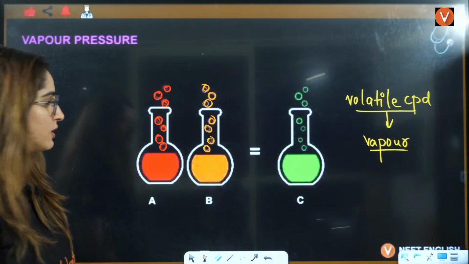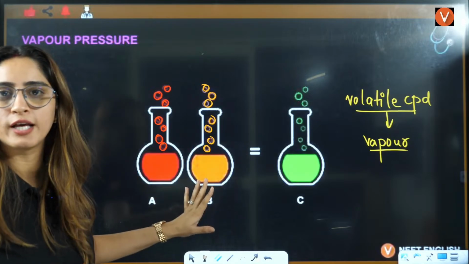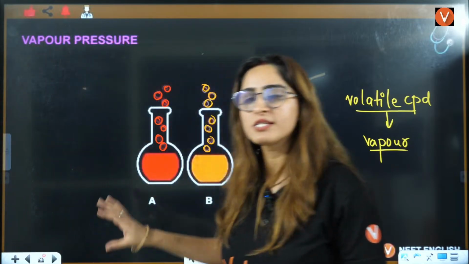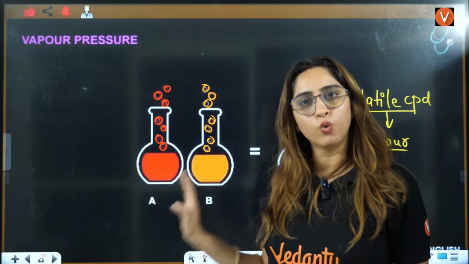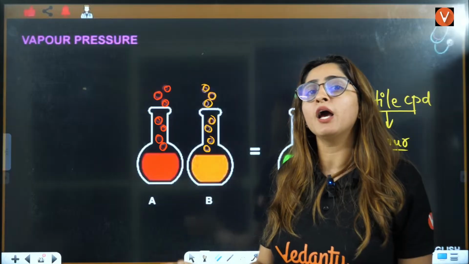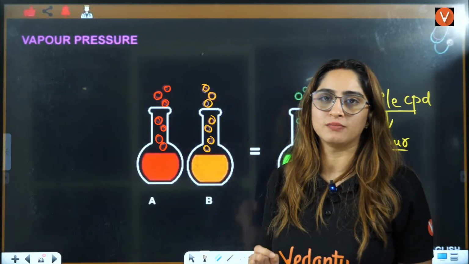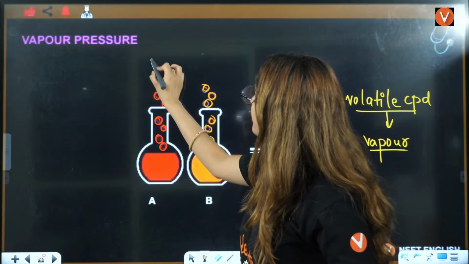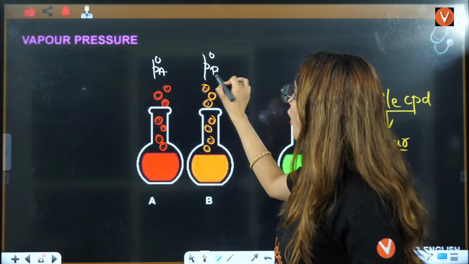See one thing. This is you, this is Chintu studying alone, this is Mintu studying alone. Chintu, when he is studying alone, is putting vapor pressure in the pure state. That is denoted by P naught A and this is denoted by P naught B.